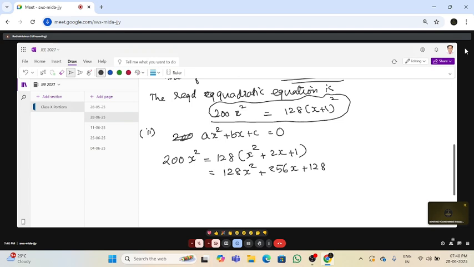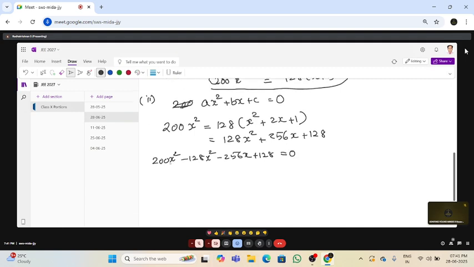Now to get it into standard form, we bring everything to the left side. That is 200 minus 128.